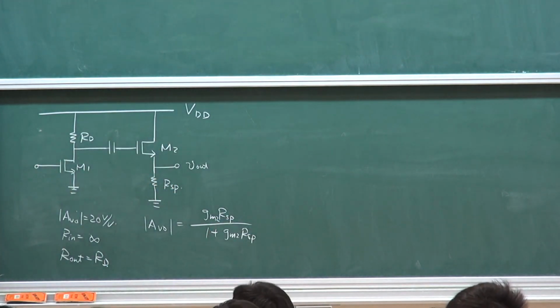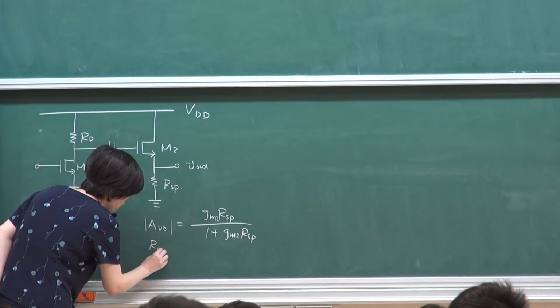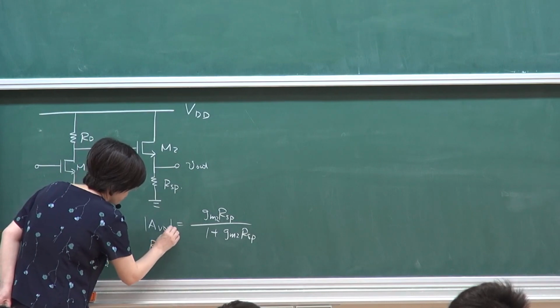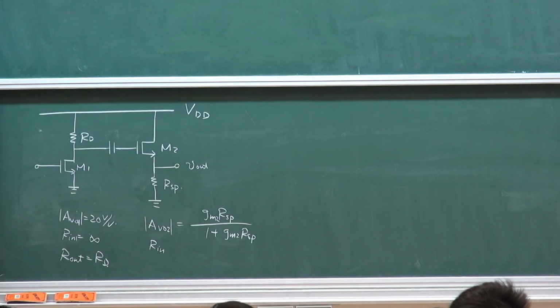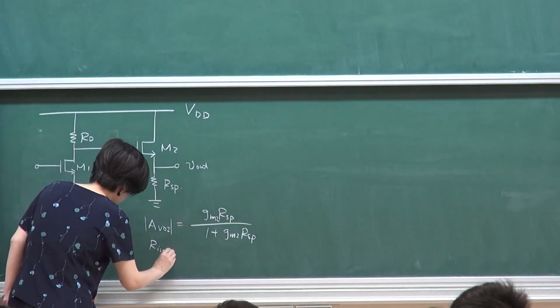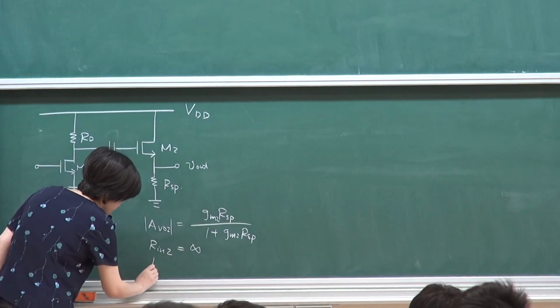We already know that. And the input resistance, let me label this as stage 2 since I have two stages, just to make it clear, my Rin2 will be infinite.